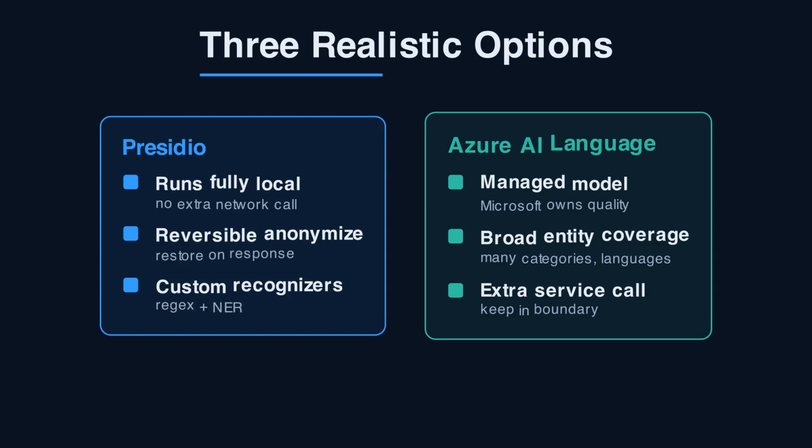You run it yourself, so data never leaves your process, and you can plug in custom recognizers. Or Azure AI Language PII detection, a managed service with strong recall and many entity categories, but it's a network call you must keep inside your boundary. My rule of thumb: Presidio for most production workloads, the managed service when you want Microsoft to own model quality.